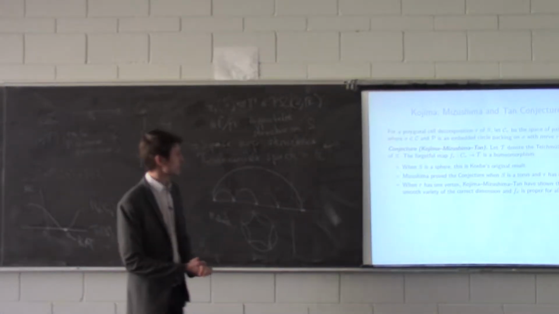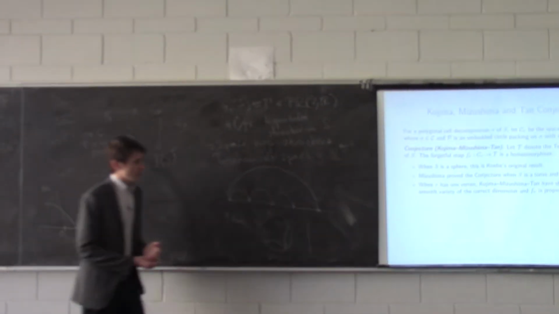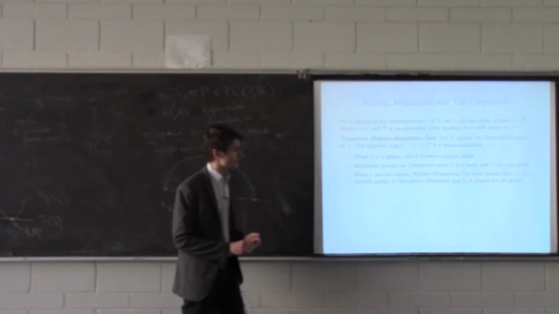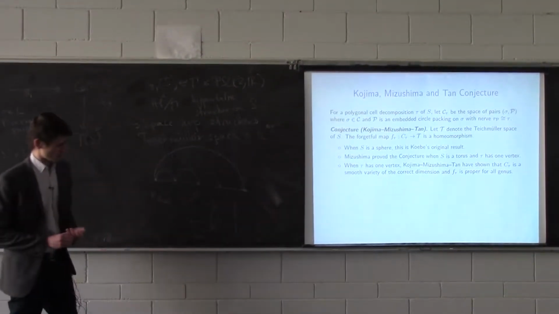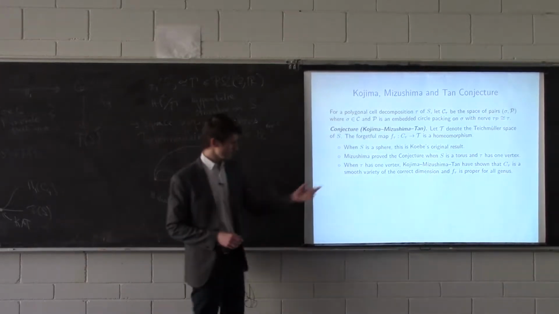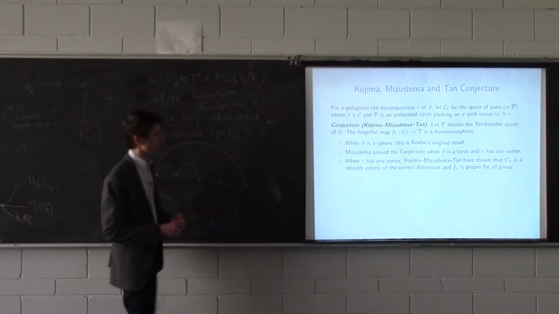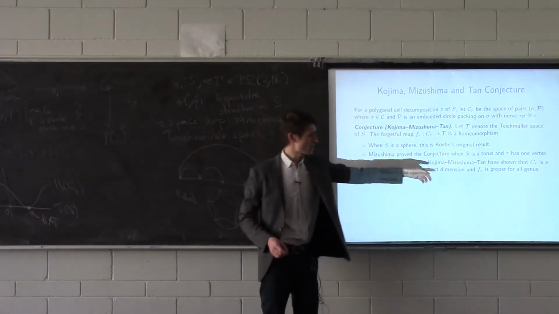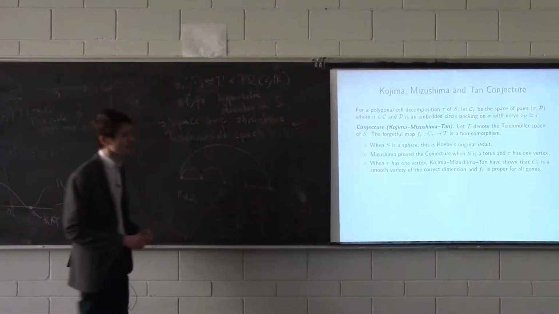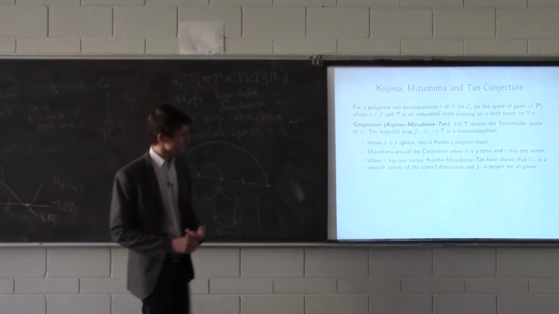If tau has one vertex, then Koji and Mizushima have shown that C tau is a smooth variety of the correct dimension. Actually, they've shown that it's a ball of dimension 6g minus 6, and they've also shown that f tau is proper for all genus.